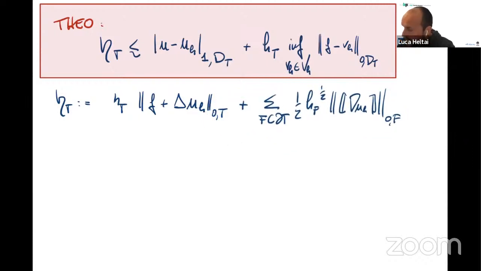Okay, so let's start by giving numbers and names. So this is part number one, and this is part number two.